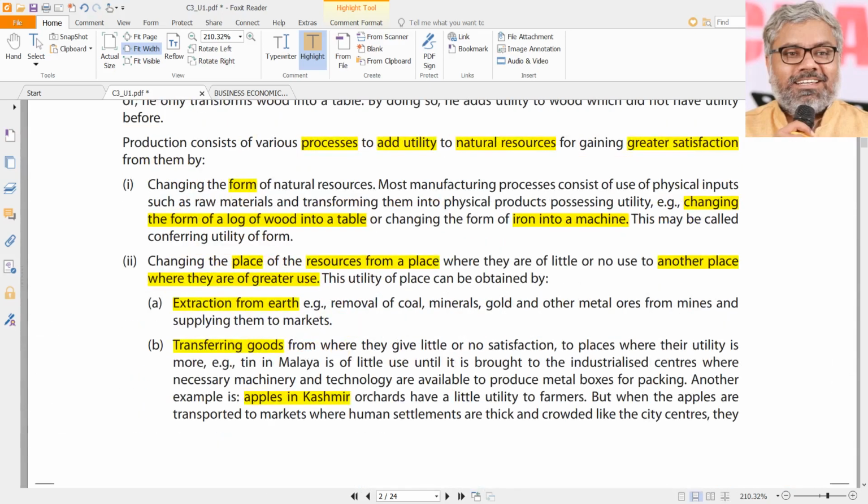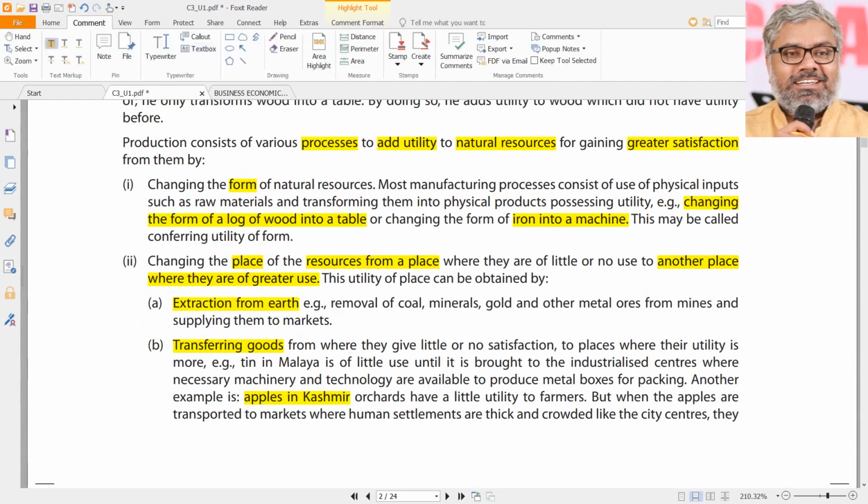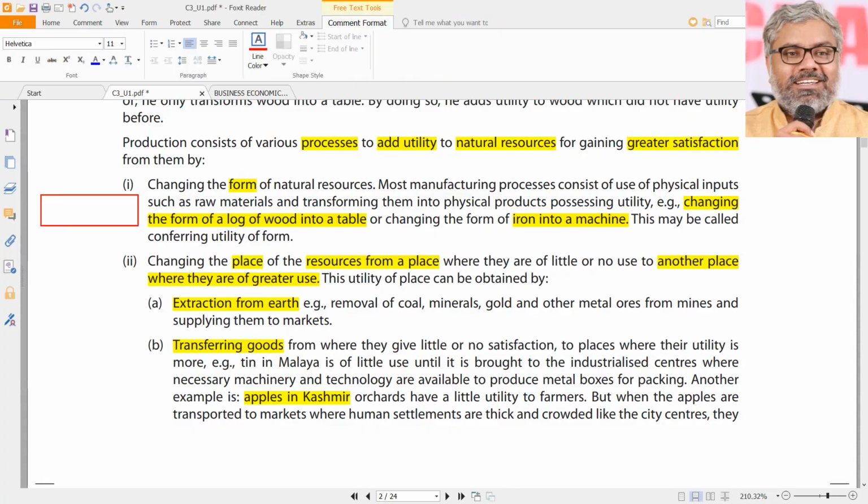Okay. Utility of form is created by the production process itself. So this is the actual production process. Form utility is created by the core process, or let us say manufacturing, let us call it. That is manufacture.